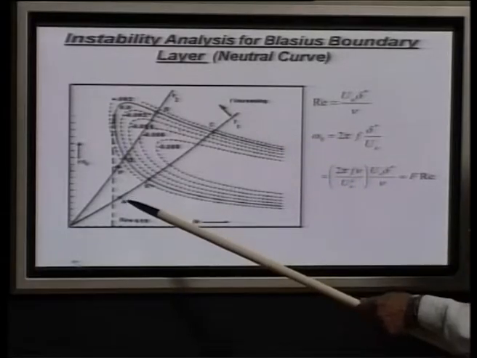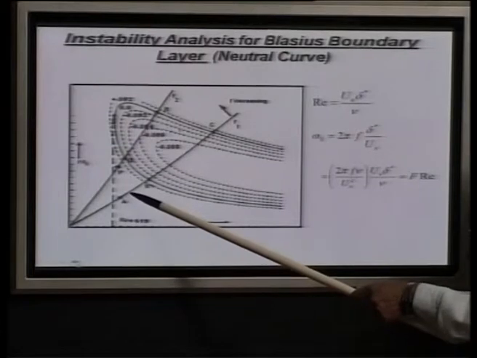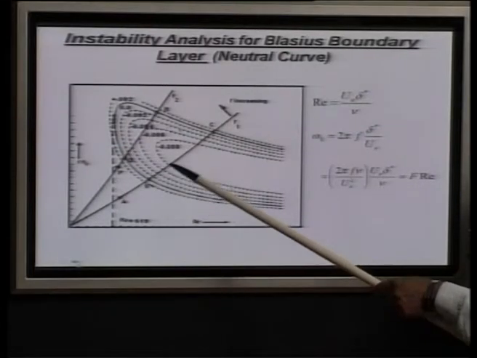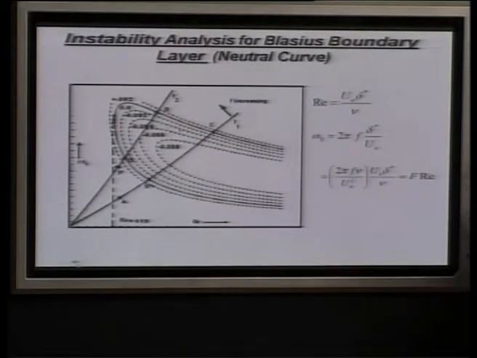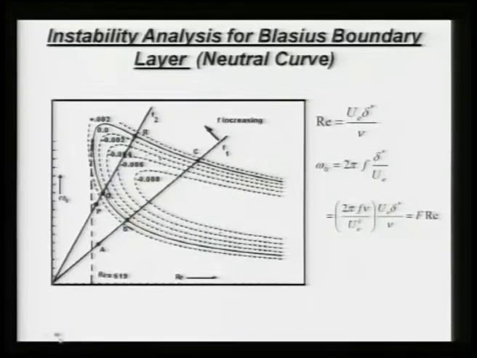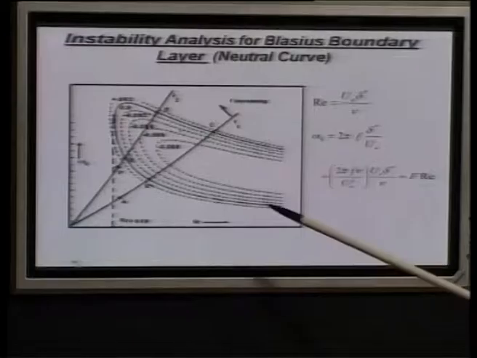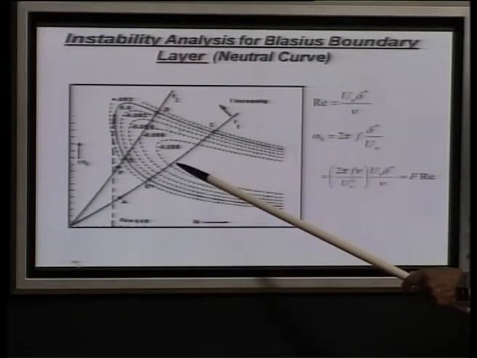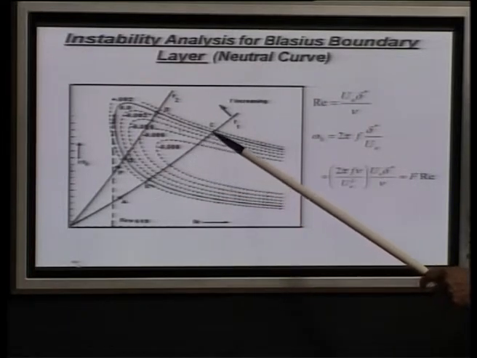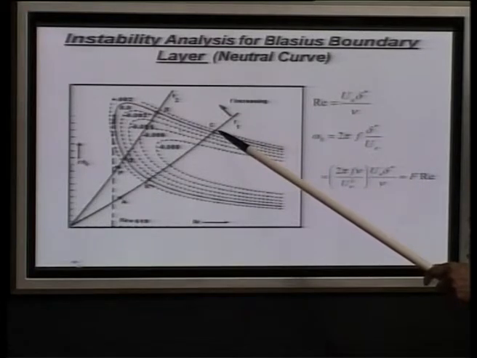This frequency will traverse along the straight line all the way up to point B. It is in the stable region, right. So, whatever disturbance I am looking at, it will decay up to B, then it will start amplifying. That is what our theory states, and this will amplify and reach C.